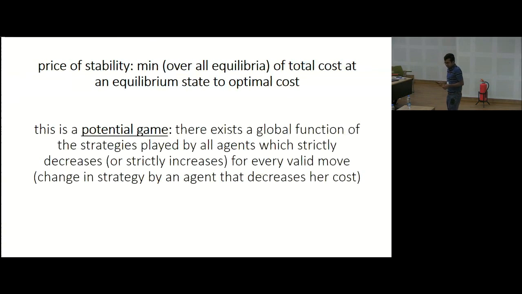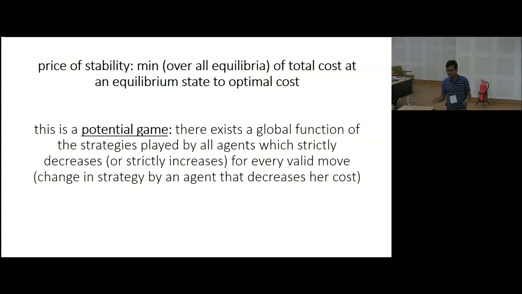To understand this, the first observation we make is that this is an example of what is known as a potential game. Let me first give you a very high-level picture of what's going on in these games. Imagine that you come up with some potential function, a global function defined on the entire state of the system.